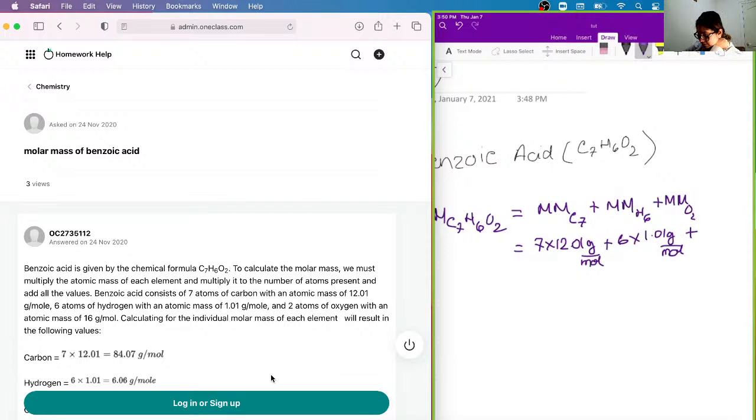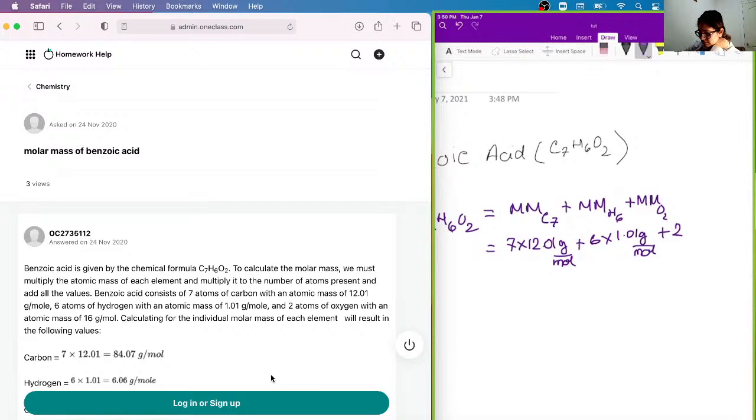Then you would add this with the molar mass of 2 oxygen atoms, and in this case it would be 2 times 16 grams per mole.